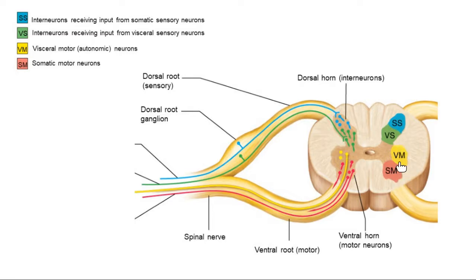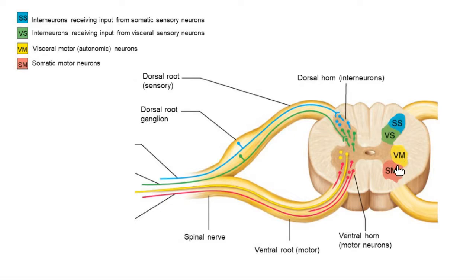In the lateral horn next door were another type of motor neurons. These motor neurons were called visceral motor neurons. Remember that visceral motor neurons help things to happen in your organs, in your viscera, as we call them together.